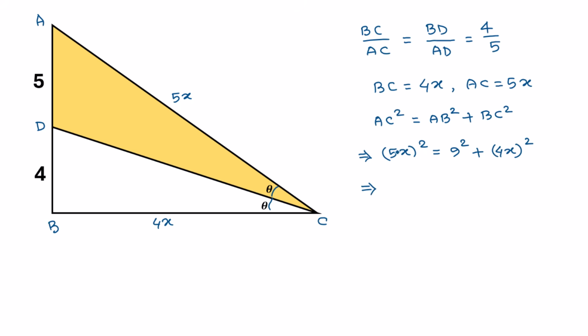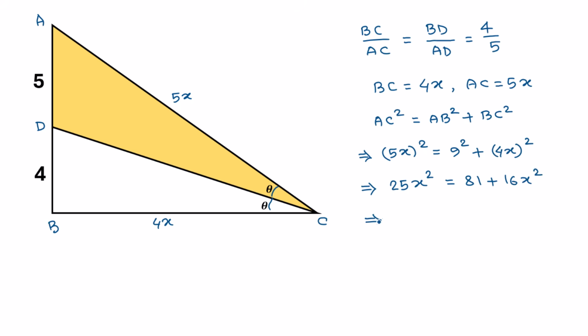5x whole square is 25x square, equal to 9 square, which is 81, plus 4x whole square, which is 16x square.